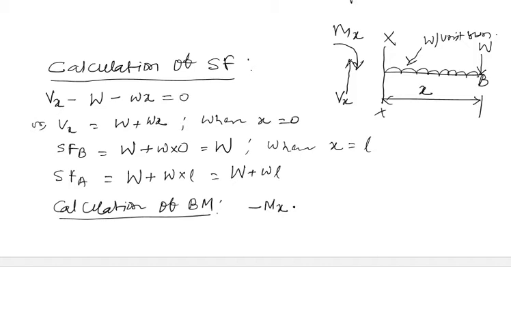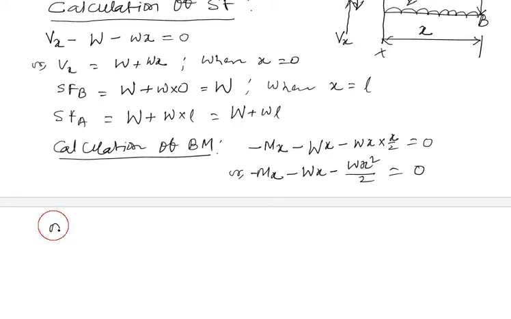So minus Mx, minus Wx, minus wx into x by 2 is equal to 0, or minus Mx is equal to Wx plus wx square by 2.